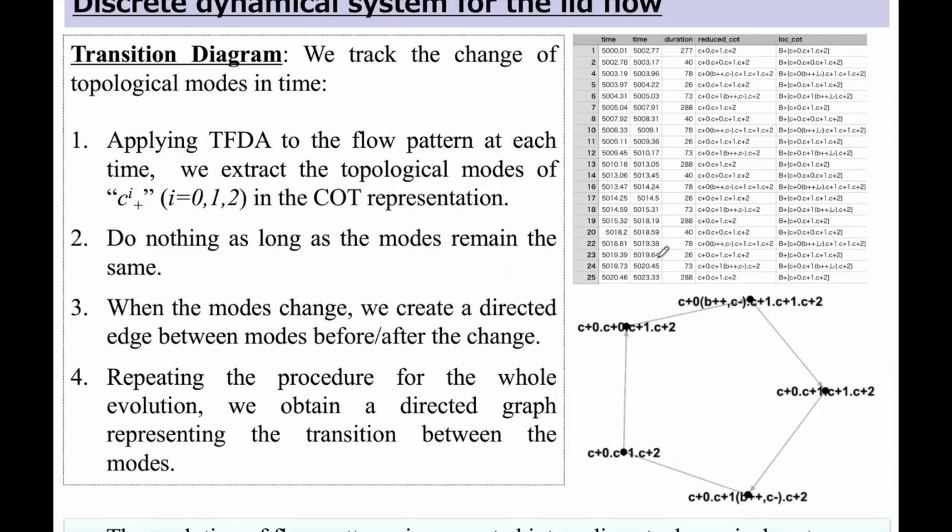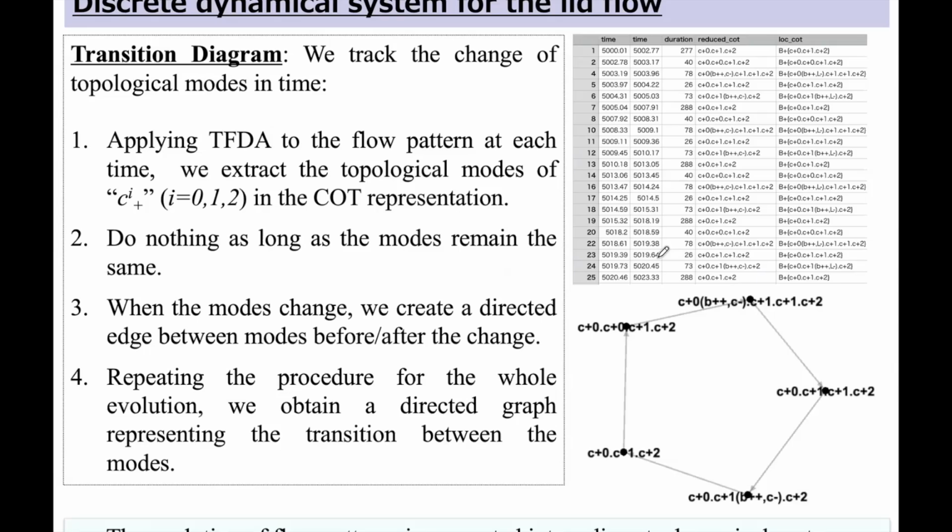In a similar manner, every time we observe a change of topological mode, we create an edge. Then repeating this step for the final step, we find this kind of pentagonal transition diagram. So in that sense, the evolving flow pattern is converted into a discrete dynamical system.